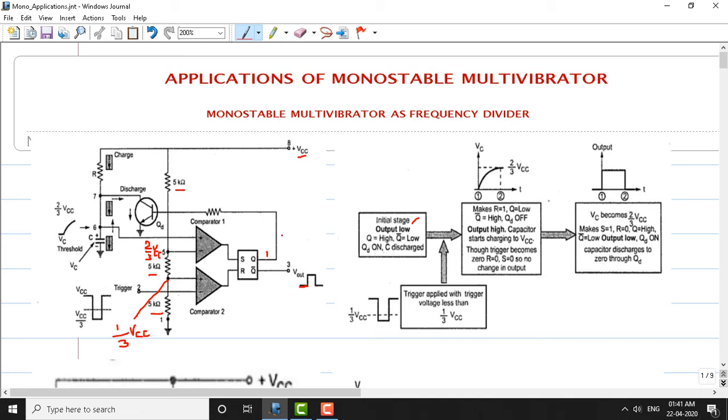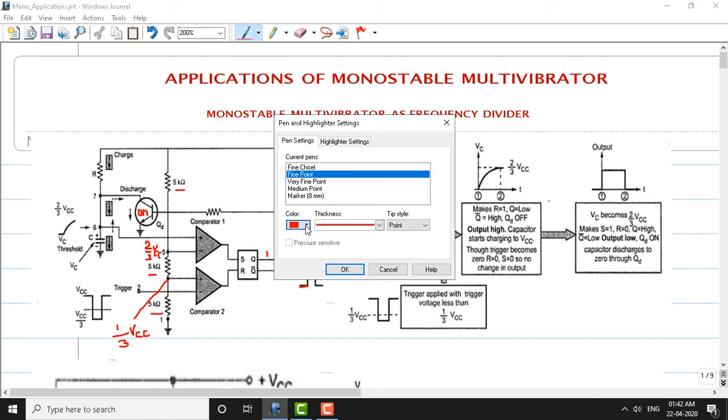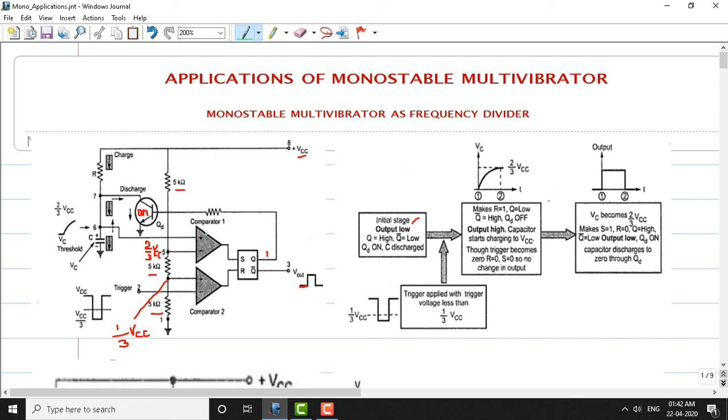So Q is 1, therefore QD will be on. Once this transistor QD is on, because the logic 1 or high voltage comes to the base of QD, the transistor goes to saturation. So now the capacitor finds a path to discharge. Therefore the capacitor starts discharging via the transistor.